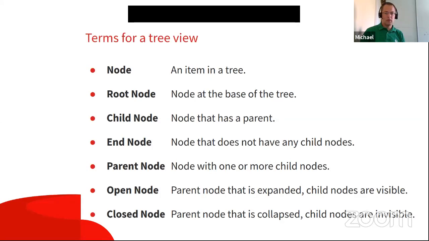For open nodes, the child nodes are visible, and for closed nodes, the children are invisible. For a lot of things, it is helpful to have those definitions if you want to discuss it with others, because if you always switch terms, things get very confusing.